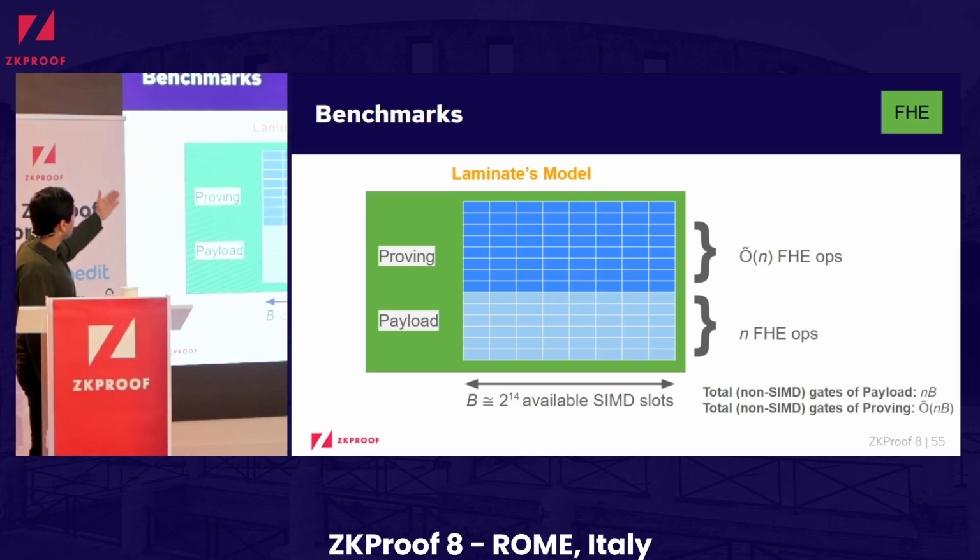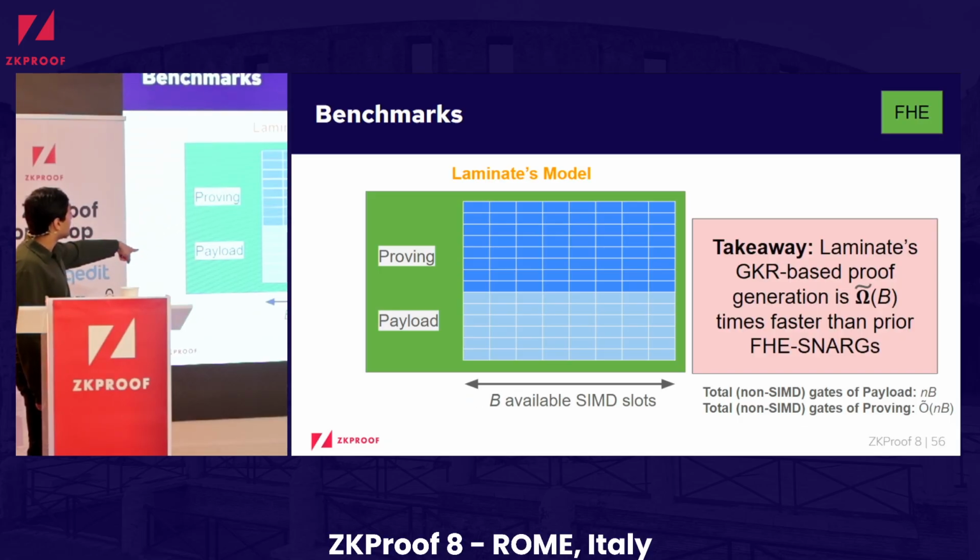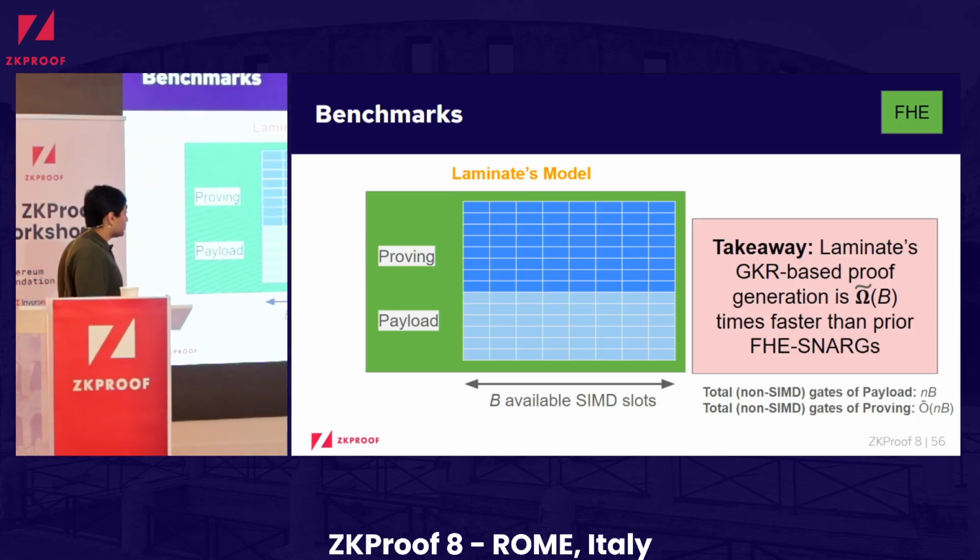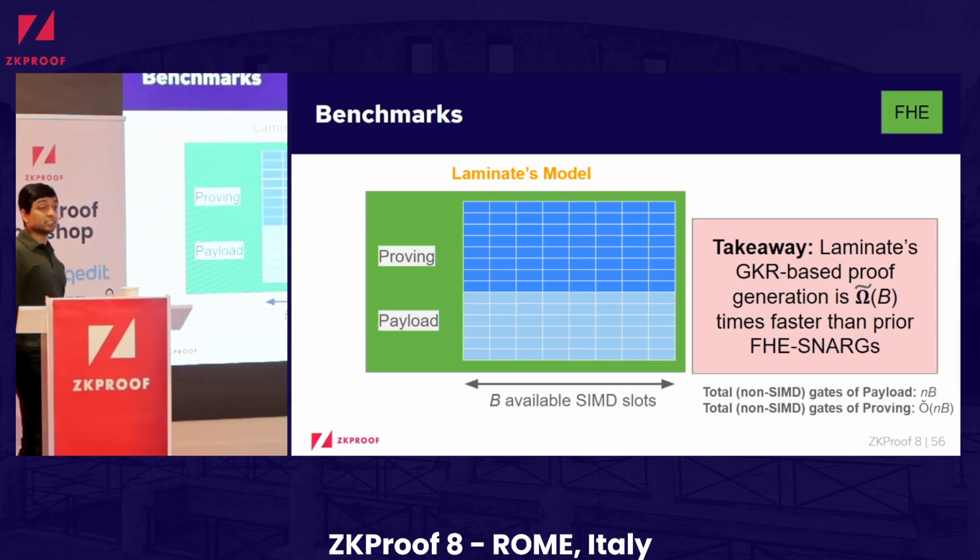On the other hand, in Laminate, we are still able to do proving with the same asymptotic complexity, but our payload circuit is now B times larger because it's using all B slots. And so the takeaway is that our GKR-based proof generation is like Ω(B) times, where B is like 16,000 or more, faster than prior FHE SNARK constructions.